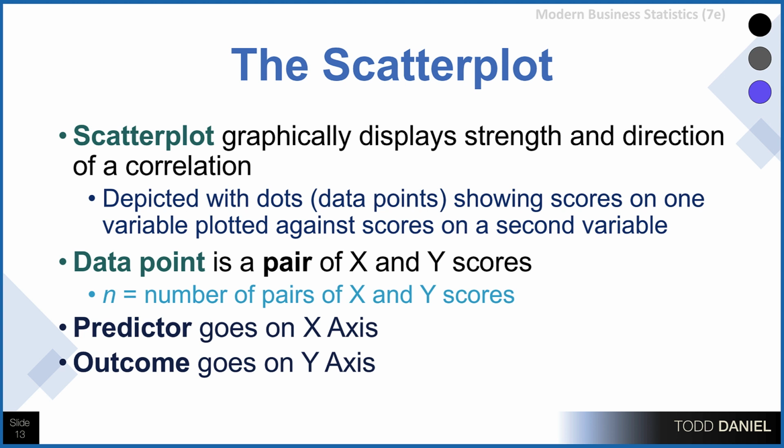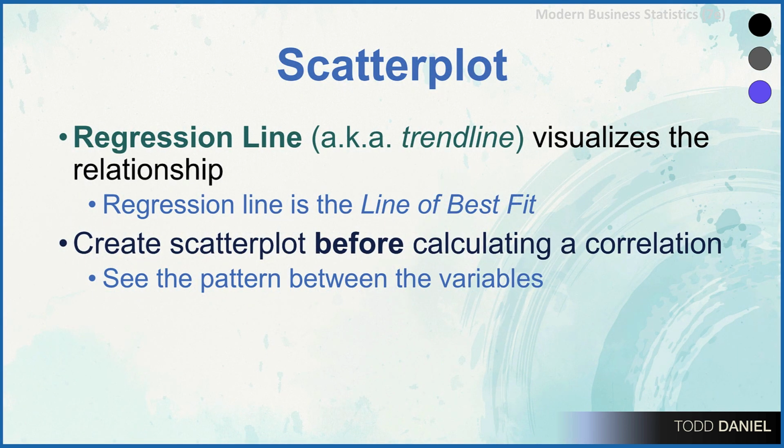We should also be alert to where we place these variables in the scatterplot. The predictor variable goes on the x-axis. The outcome variable goes on the y-axis. So if we are predicting weight from height, height is our predictor, weight is our outcome.